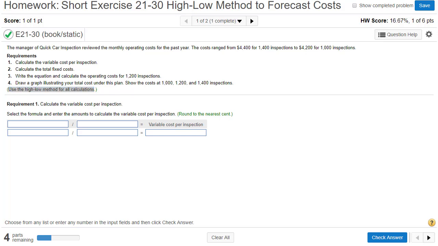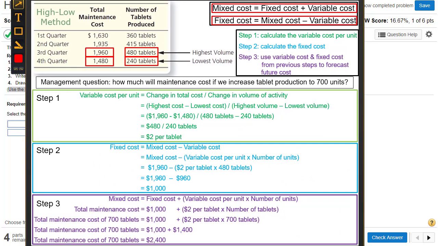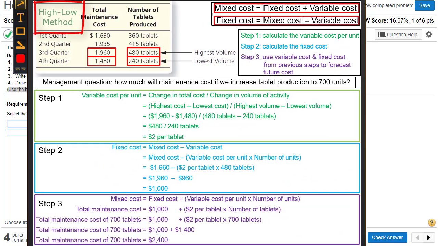So remember, going back to our slides, the high-low method was just used to forecast costs. So from our slides, remember we had these number of quarterly tablets produced and then the total maintenance cost. So what we tried to do is figure out what the relationship was between tablets produced and the maintenance cost.